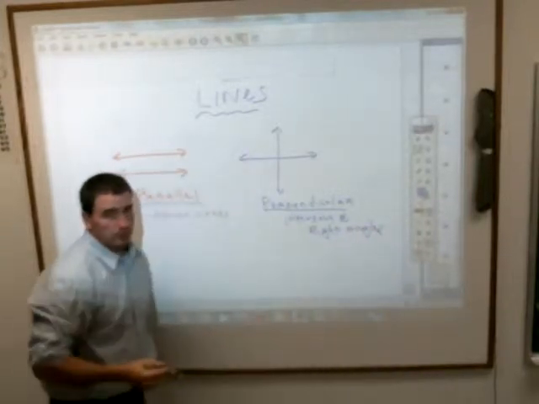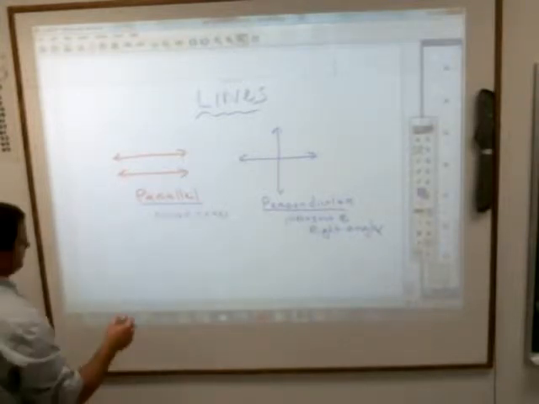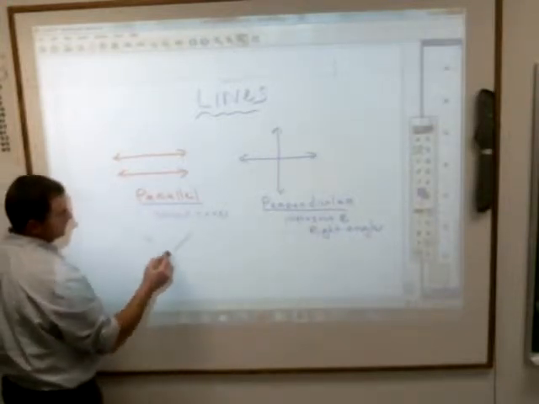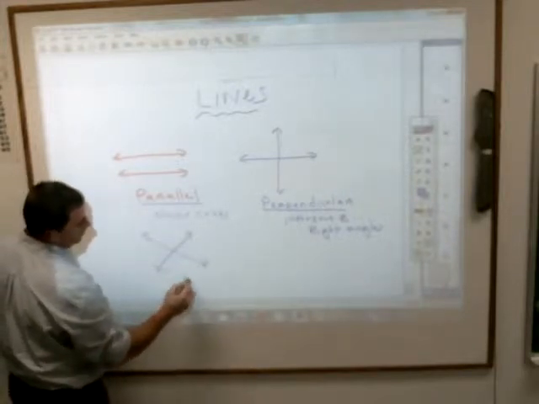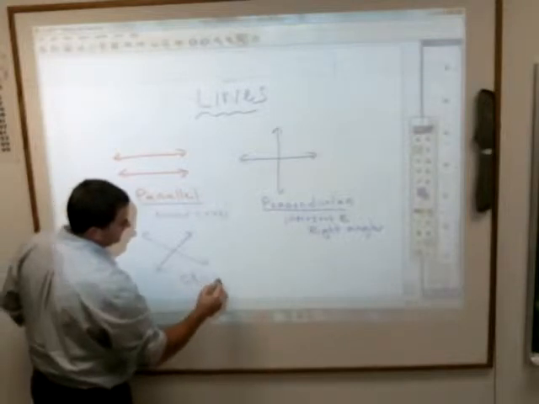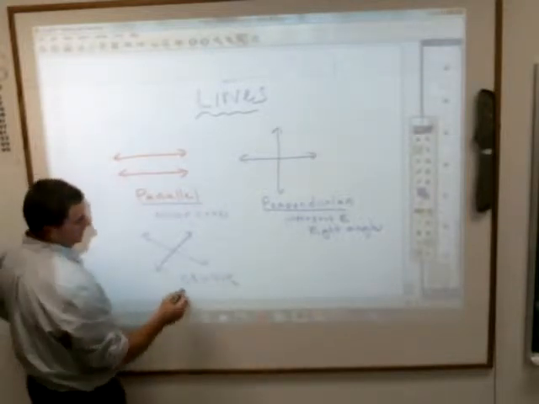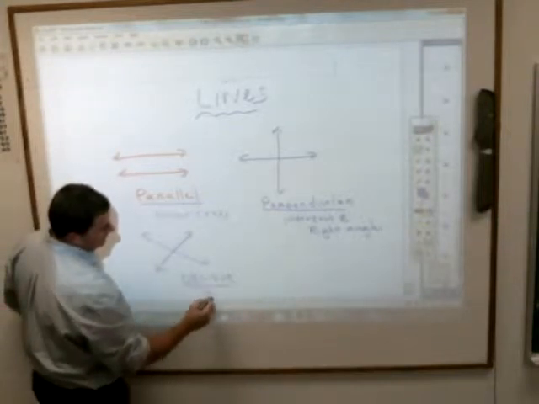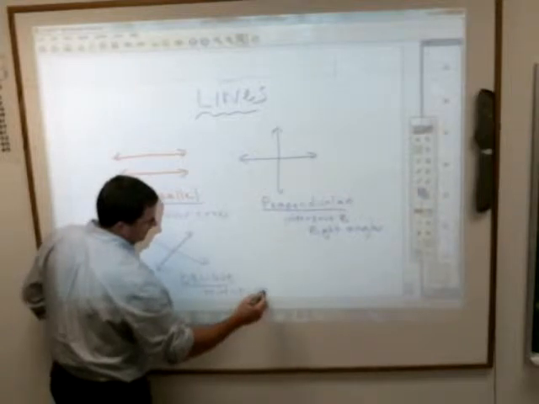Words that we don't use quite as often is oblique lines. Oblique lines are ones that intersect, but they're not perpendicular. Intersect, not perpendicular.